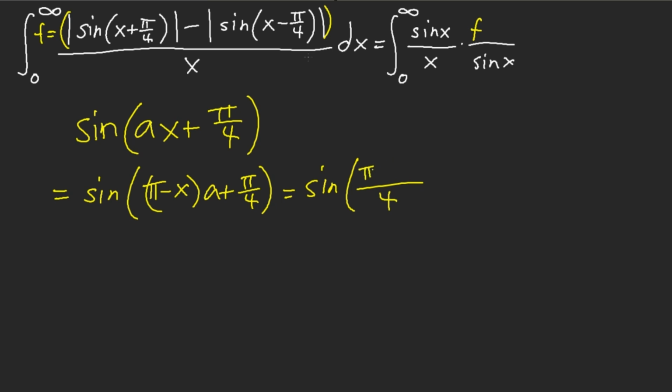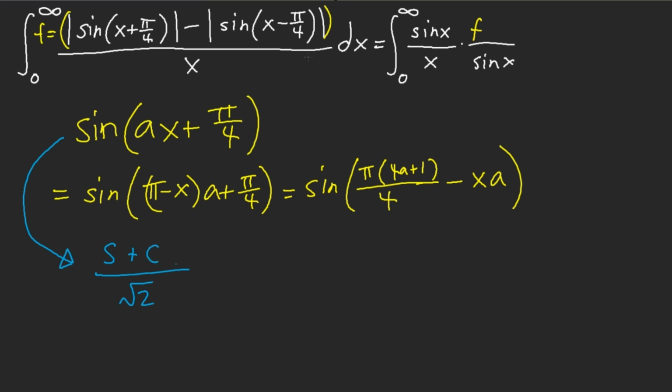this equals, in general, pi over 4 times (4a plus 1) minus xa. Originally, we're going to have square root of 2 at the bottom, and sine of a x, so we have sine times cosine of this, and then plus cosine of a x times sine pi over 4.